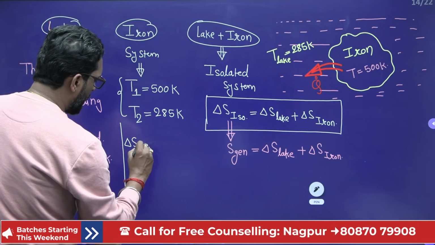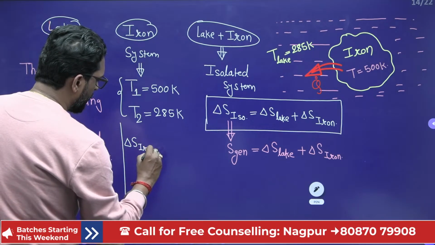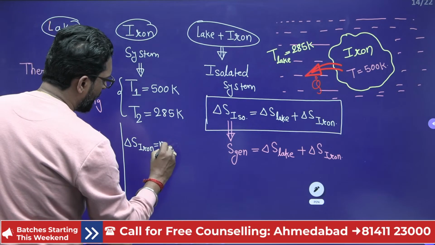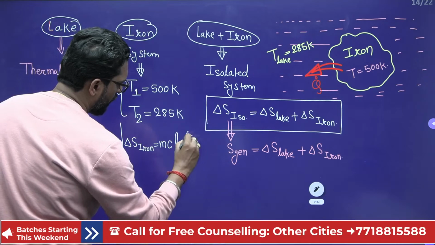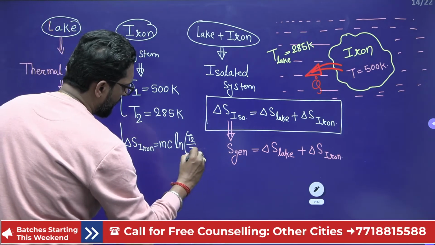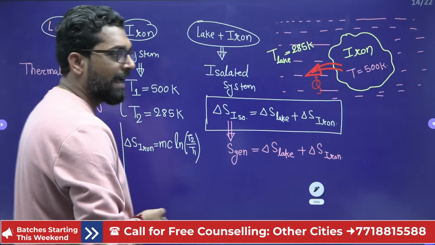Iron has an initial temperature T1 and a final temperature T2. The mass is given. So delta S of iron is m C ln T2 by T1. We can easily find it for the iron.